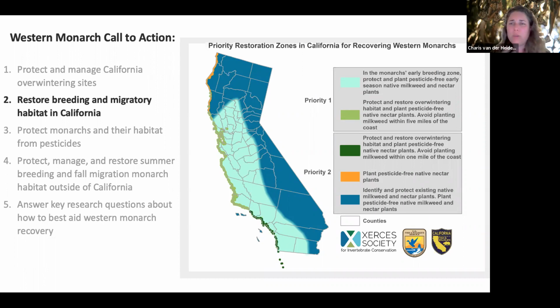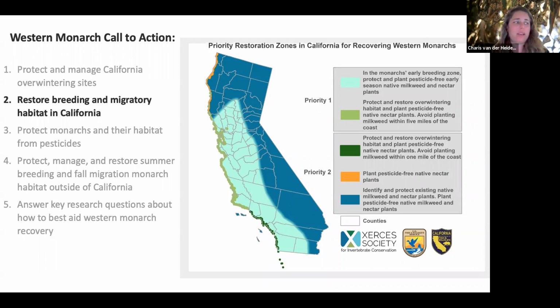So I wouldn't discourage that. I would just limit it to a few plants right along the coast where the monarch overwintering sites are, and then expand breeding and milkweed growth away from the coast.